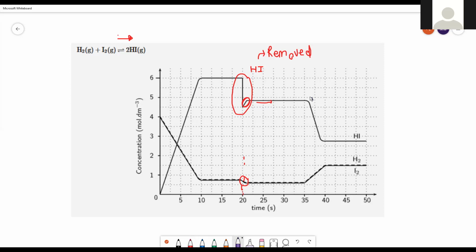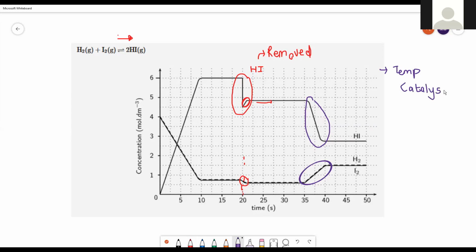Then over here, there's a change again, but this time there's a change on both systems. When we look at it, both your products and your reactants are decreasing, which tells us it can either be a catalyst or temperature. So in this case, you now have to look at, is there an even change for both of them?